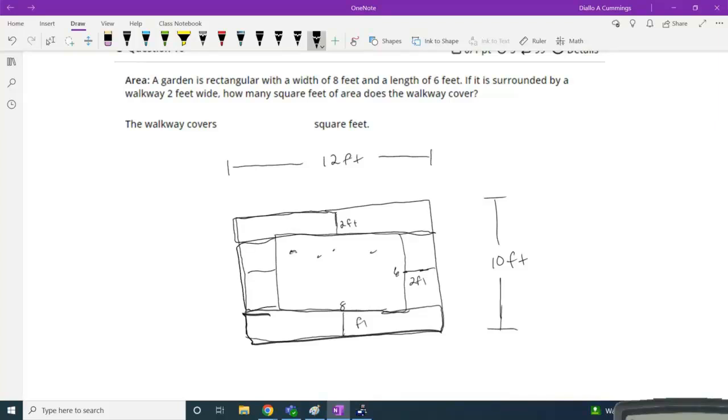And that's going to give me 4 different rectangles.